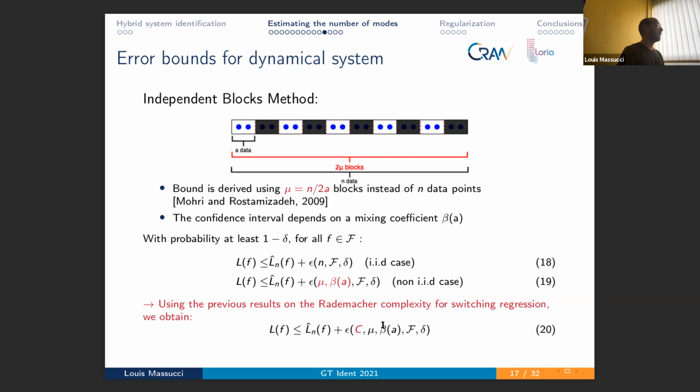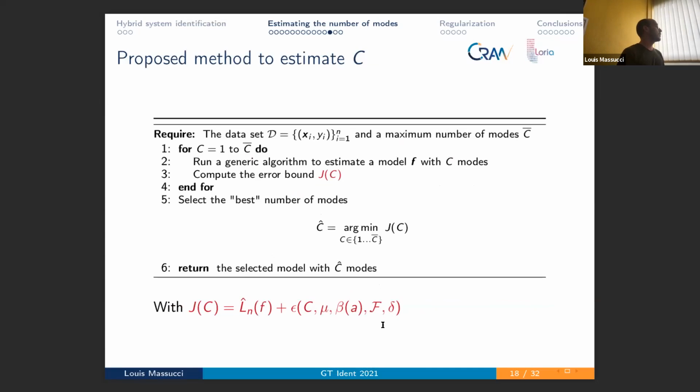So using this bound, we are able to estimate the number of modes of a switched system using what I just introduced before, the structural risk minimization principle. According to our data set and by fixing a maximum number of modes C, we run a generic algorithm to estimate a model with C modes.